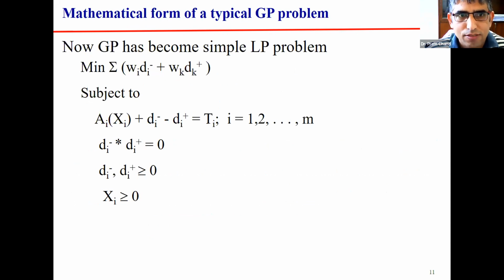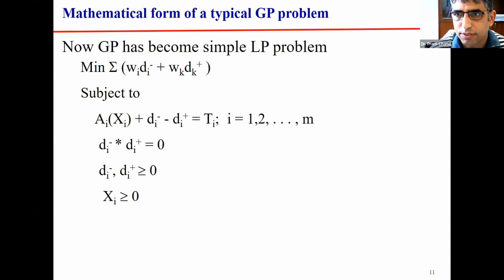My objective here is minimization of the sum of deviations from the goals, subject to the constraint: actual value plus negative deviation minus positive deviation equals our target, and at least one of the deviations will be zero, and d minus and d plus are non-negative, and of course non-negativity of the decision variables.